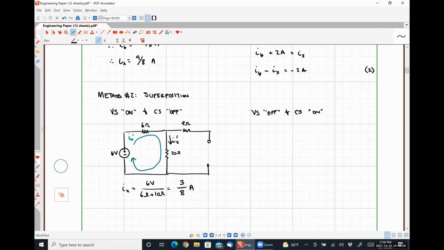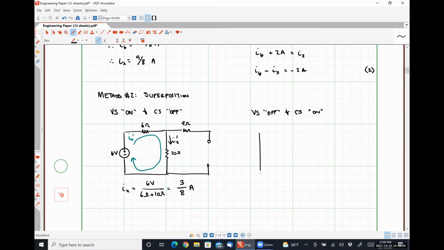No, a short circuit, right? For an open circuit, the current is fixed to be 0 and the voltage can be whatever it needs to be. For a short circuit, the voltage is fixed to be 0 and the current can be whatever it needs to be. So we're going to turn off voltage sources by replacing them with short circuits or wires.